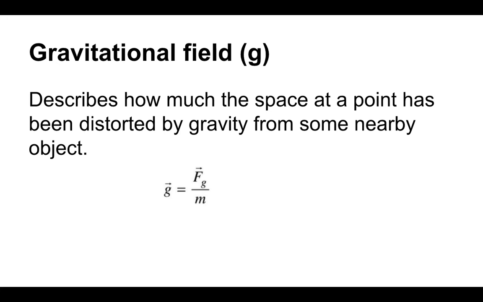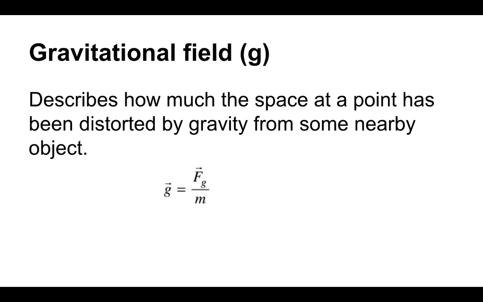Gravitational field describes this change in space that happens because of a nearby mass. When we look at that spandex sheet analogy or the bowling ball on a trampoline analogy, the idea is that just putting the bowling ball on the trampoline changes the shape of the sheet. A second object that we put on the sheet moves differently because the sheet has a different shape.